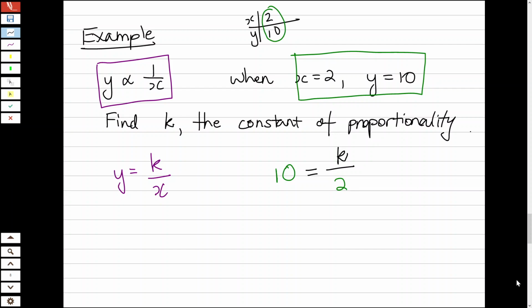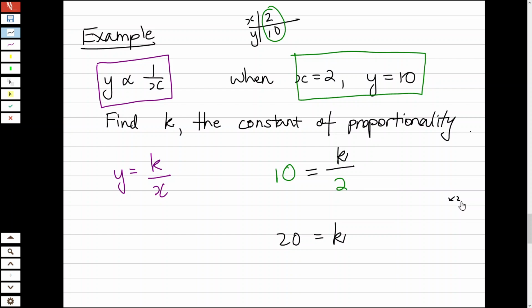Multiply. Yes. So this is way back from earlier in high school. To solve this equation, you want to get rid of the division by 2, so you do the opposite. The opposite of dividing by 2 is multiplying by 2. So we're just doing 10 times 2 equals k, which is 20.